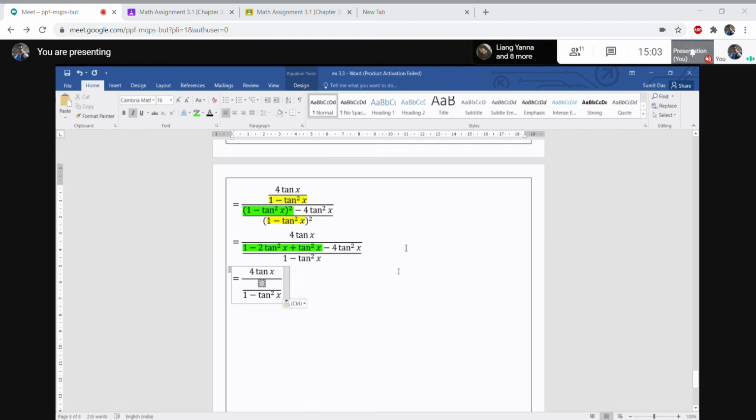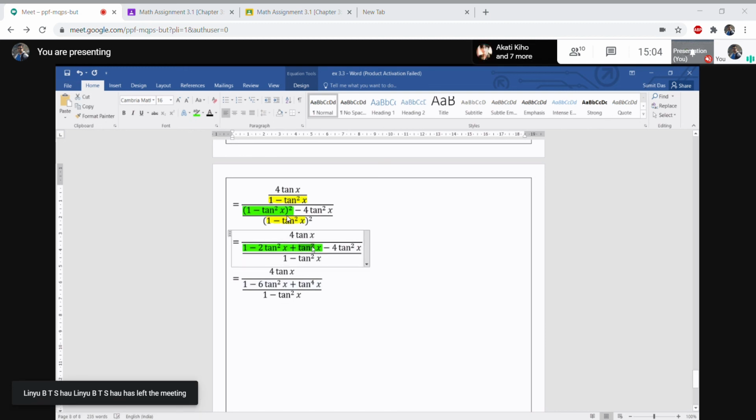If you simplify this one, it will be 1 minus 6 tan square x plus tan to the power 4 x. Okay, I did one mistake here. It will be tan square x whole square, right? Tan square.